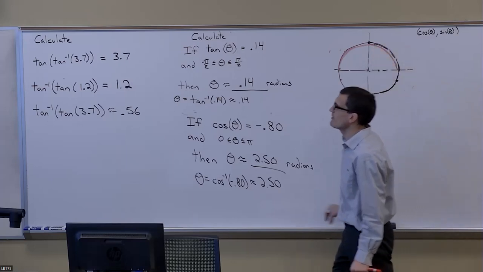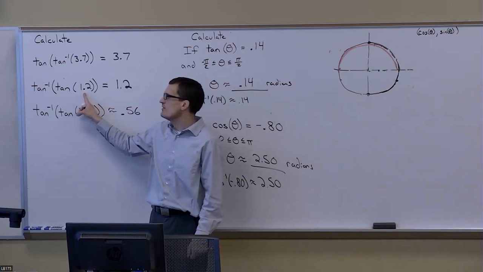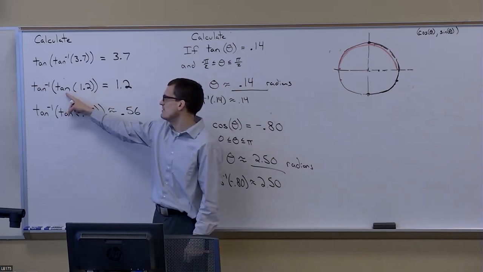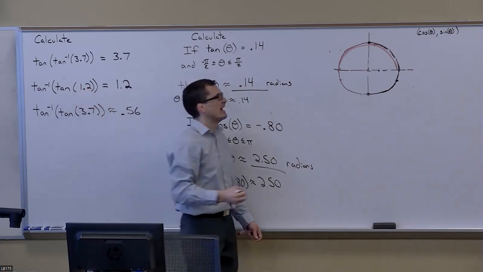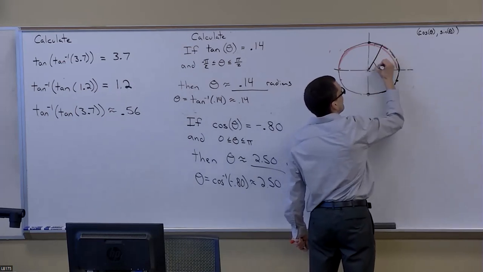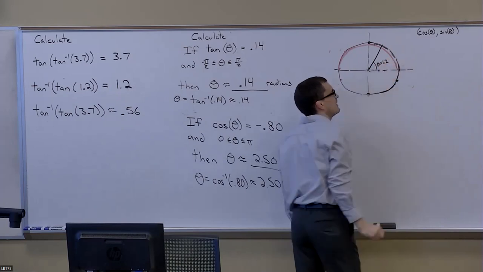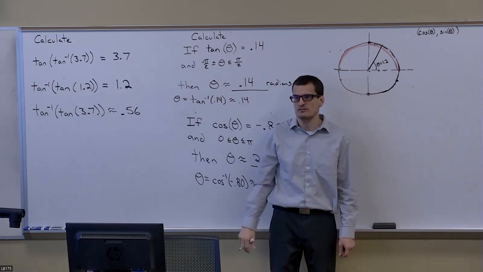So let's talk about this one. This is saying, what is the tangent of angle 1.2? Now, angle 1.2 is somewhere in the first quadrant.